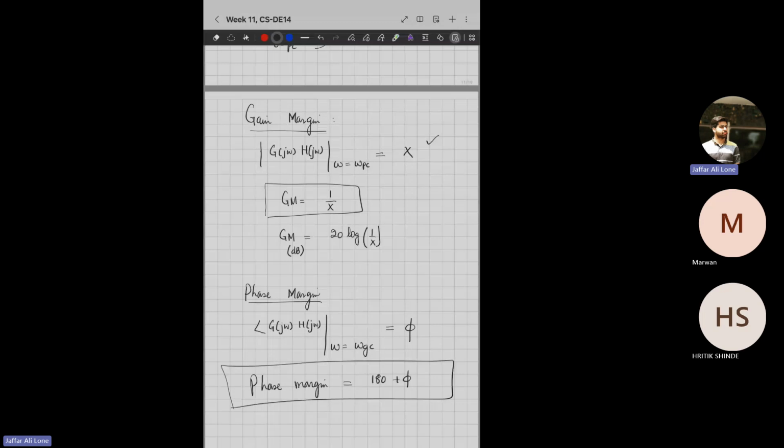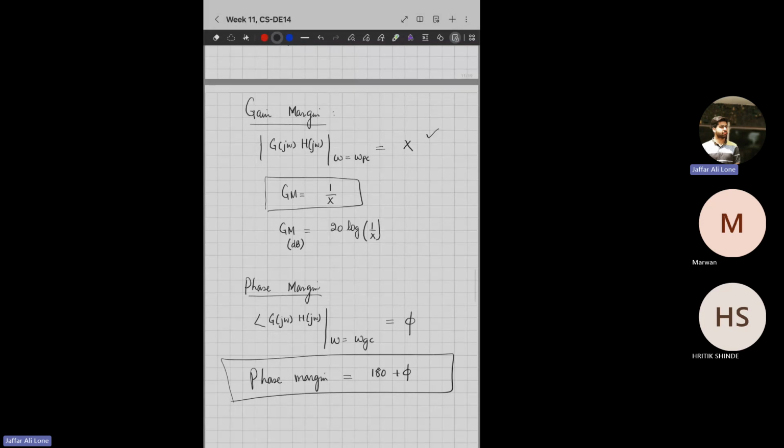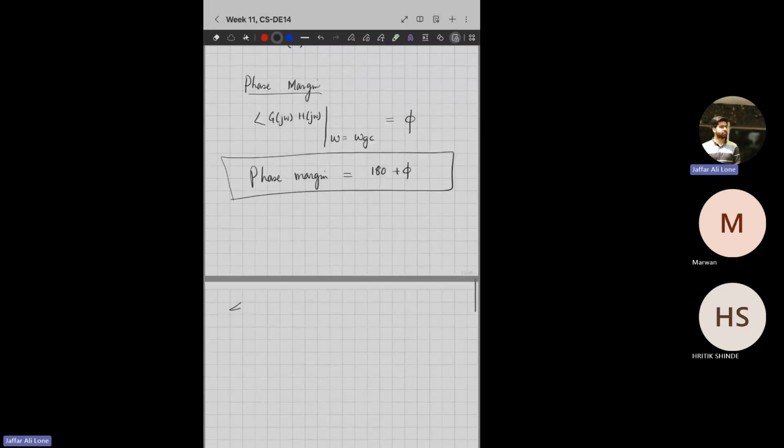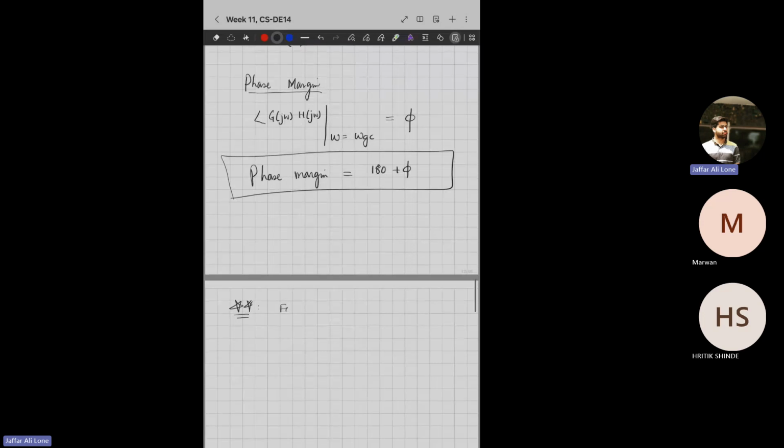So gain margin and phase margin of a stable system is always positive, right? I'm talking about gain margin in decibels. So let me write this, which is very, very important from the exam point of view, for questions. For stable systems, you can visualize it from the Bode plot as well, because I'm saying gain margin in decibels.